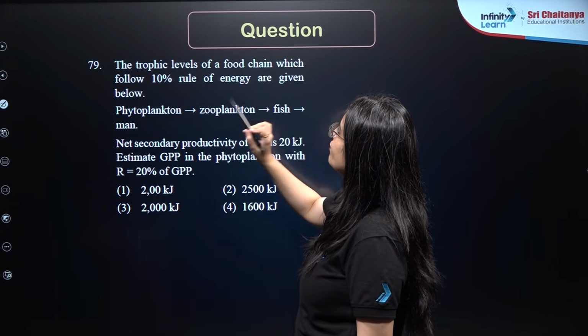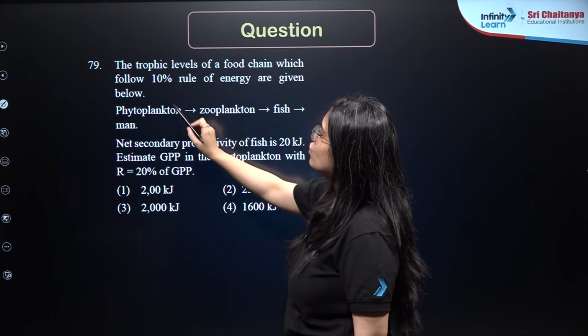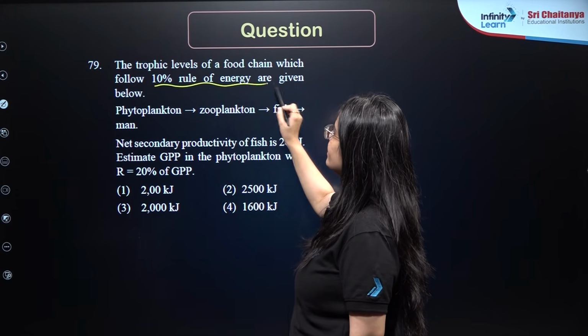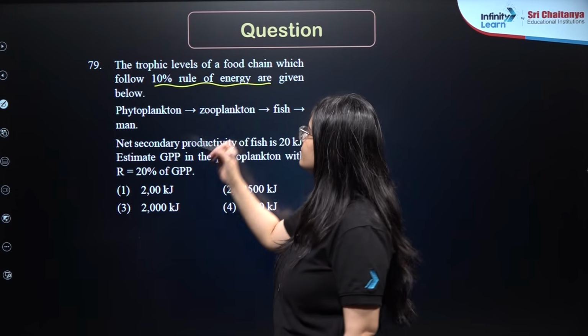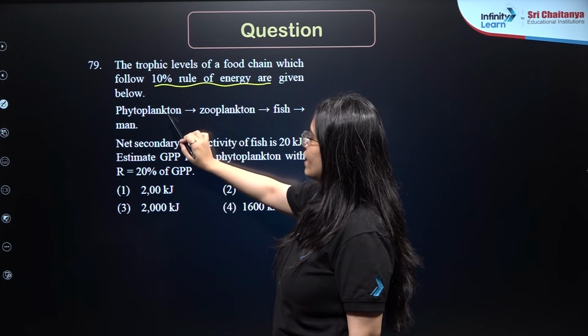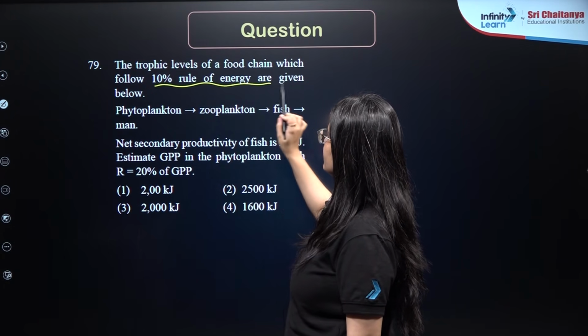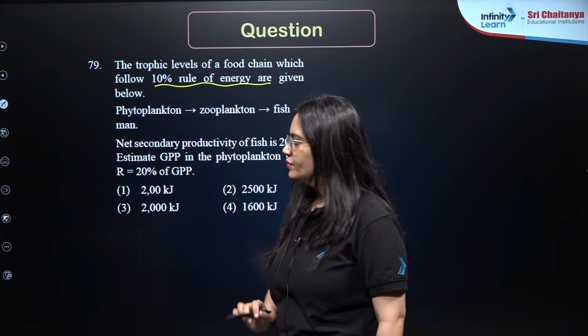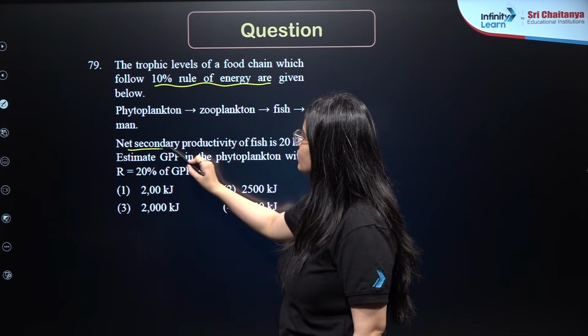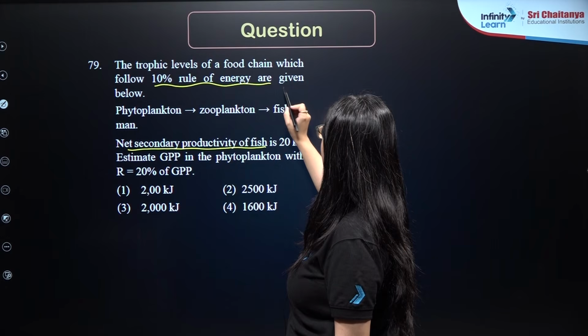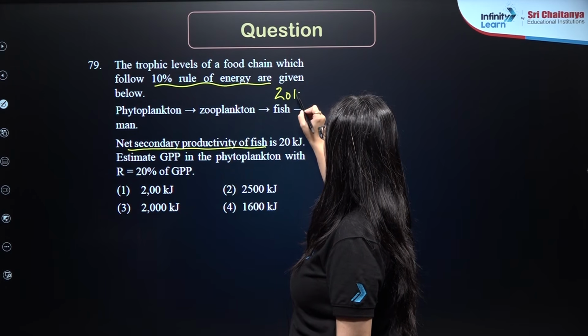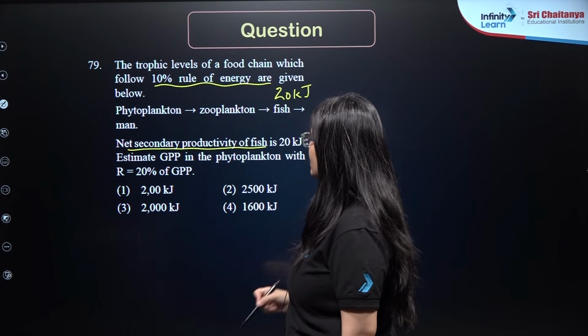Next, the trophic levels of a food chain which follows the 10% rule of energy transfer are given below. Phytoplankton to zooplankton, zooplankton eaten by fish, fish by man. Net secondary productivity of fish is 20 kilojoule.